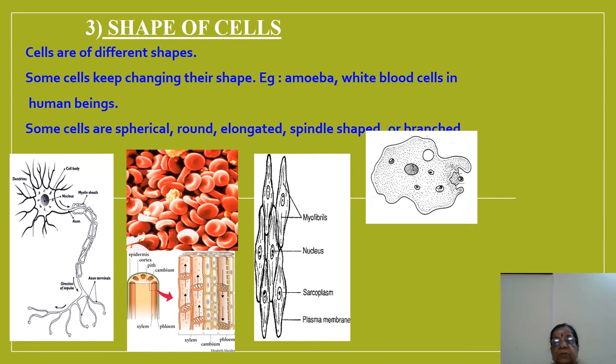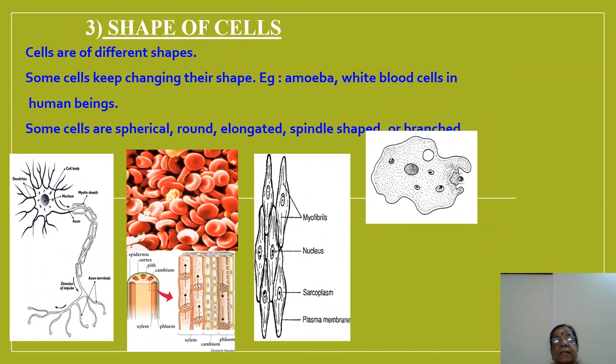Now I want you to say some cells have different size and shape. At the same time, the RBC, WBC, nerve cell, smooth muscle, they are a single cell structure. Whereas amoeba is a unicellular whole organism. This also we have studied last year, is it not?